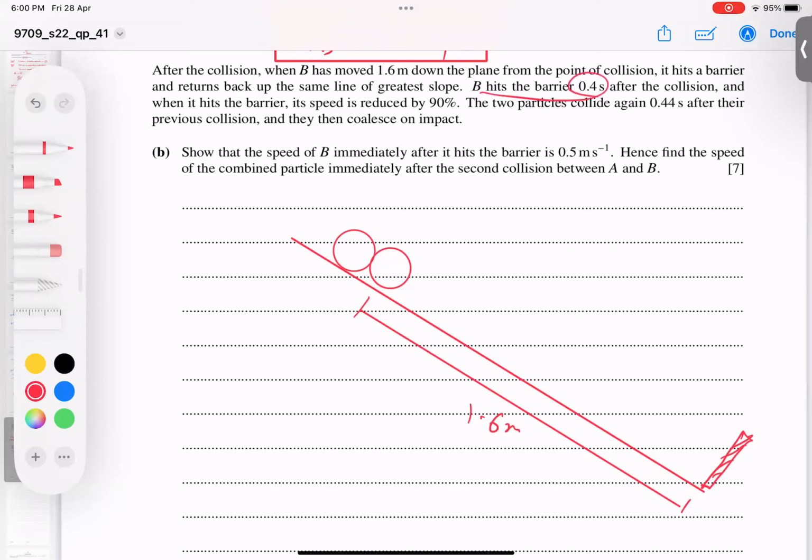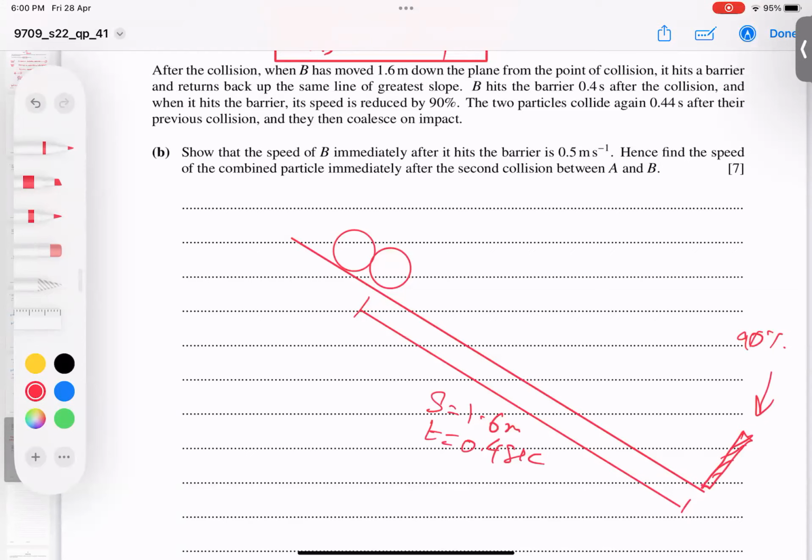B hits the barrier after 0.4 seconds total time. So the distance s is this, and the time taken is 0.4 seconds. And the speed is reduced by 90% after the impact, a loss of 90%.